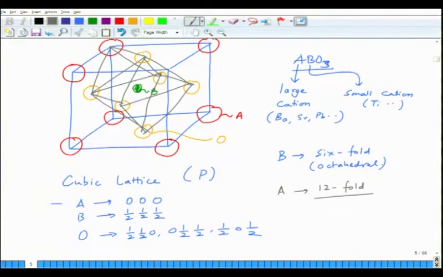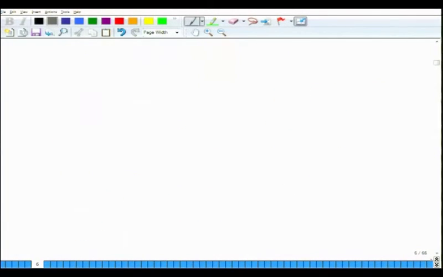It makes sense because B is a smaller atom. Based on the radius ratio, it has 6-fold coordination, and A has 12-fold coordination because it's a bigger atom. You can represent this unit cell in a different manner also.